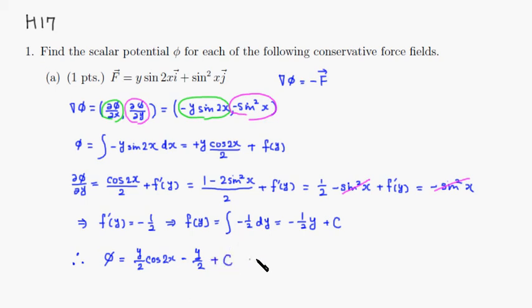And if you want, you can just factor out the y over 2 and you will get cosine of 2x minus 1, then plus some constant c.